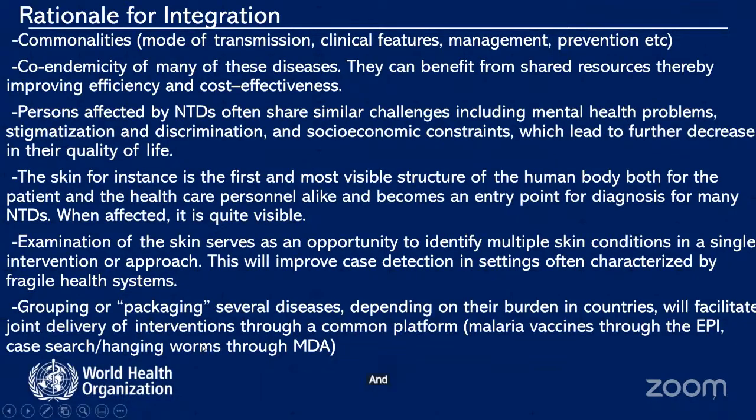And that could be part of our surveillance for guinea worm. Having eradicated it, we still need to strengthen surveillance, making sure that it is not reintroduced. We can also use the case searches through the MDAs for other NTDs, such as yours, other skin conditions.